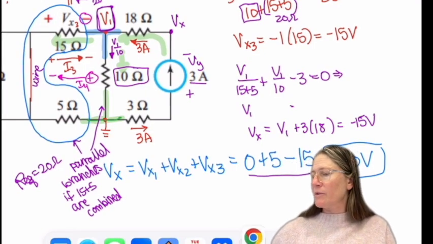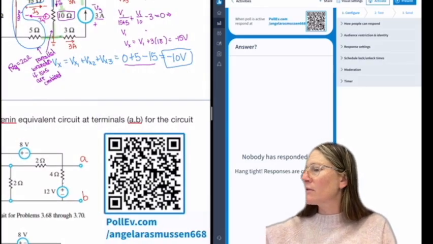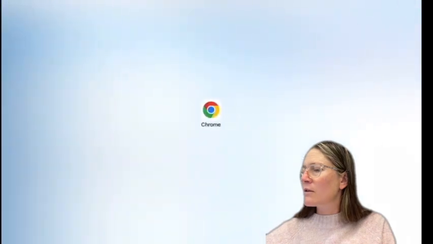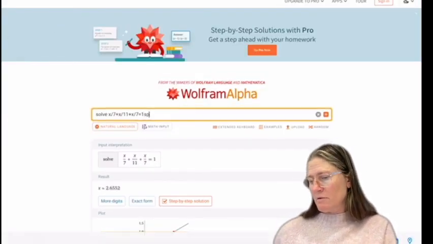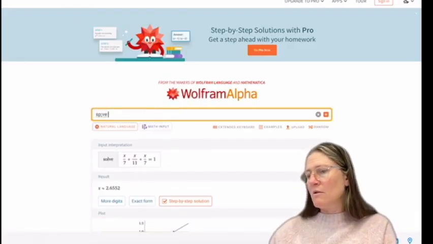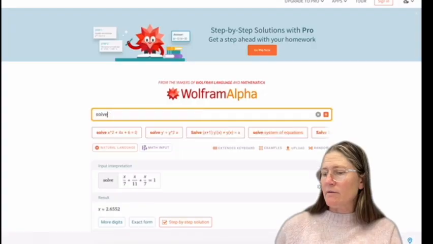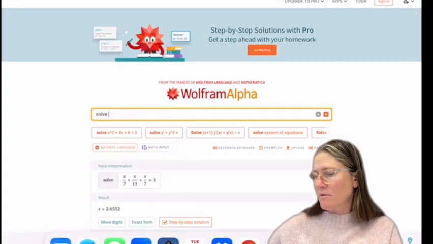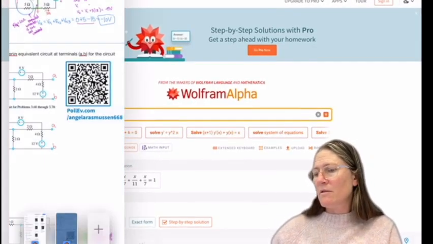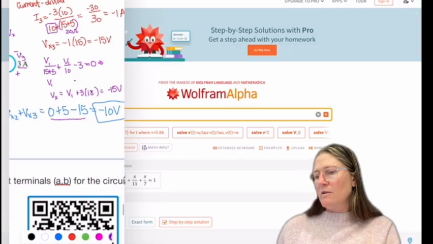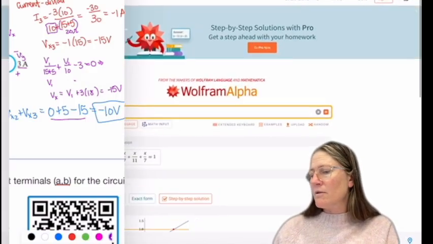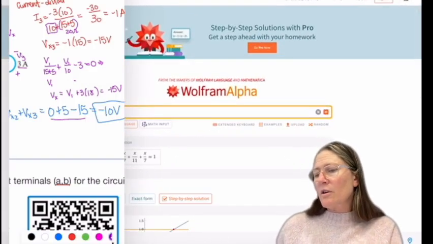Just solve this really fast. So this is going to give me, oh my goodness, solve. V1 over 20.